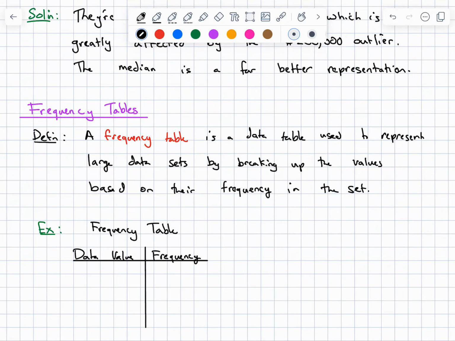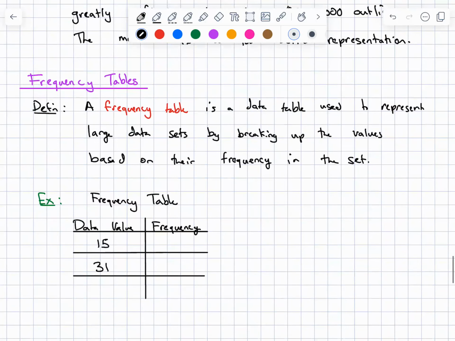Of the two columns. And so the data values, in the vertical section here, are 15, then 31, then 50, and then 86.